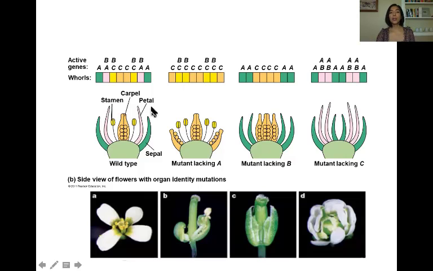And you can see that when you mutate the A type of gene, the activity of this gene A, then you end with a mutant that is lacking both petals and sepals. And you have only these carpels and stamens. Then what happens when you mutate the class C genes? Well, you have a flower that lacks sexual structures.